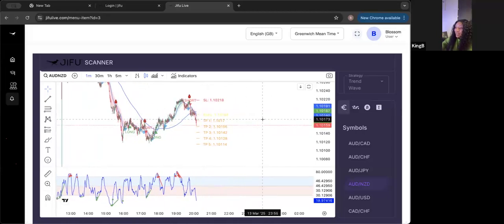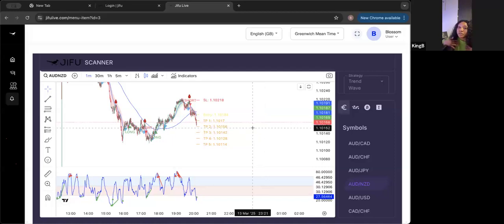Now, it has passed the entry, it has even done TP1, it's going to TP2. So let's say I want to take this AUDNZD and I enter at instant execution immediately and I put TP2. I'm gunning for TP2 because I'm late to the market. Anything outside of TP2, I don't take it.